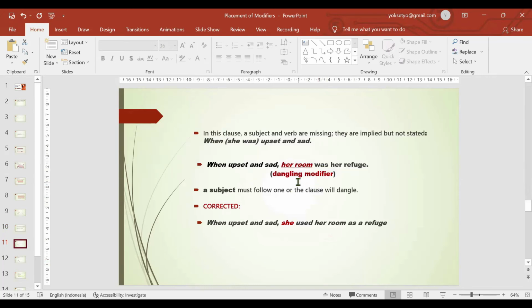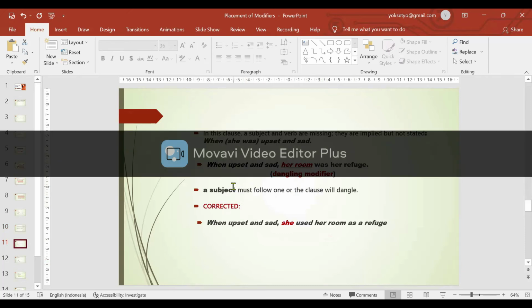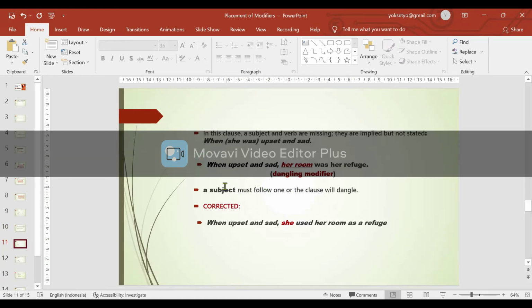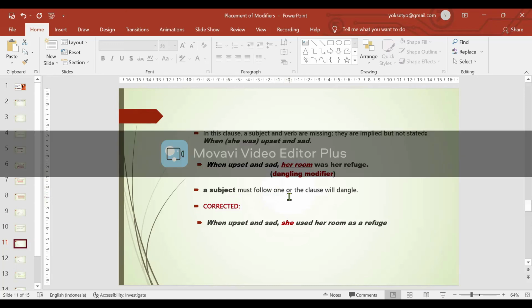So this is an example of a dangling modifier, because you can ask the question, who is upset and sad? It must be someone, right? Not her room, but someone, right? So you have to change the subject. A subject must follow, or the clause will dangle.